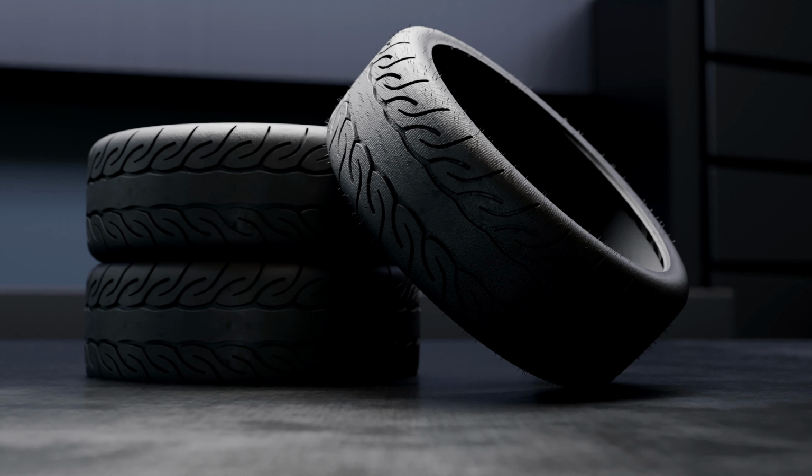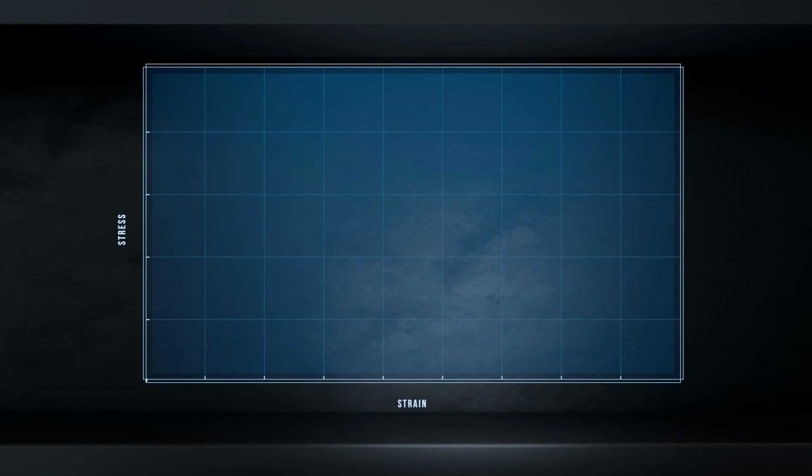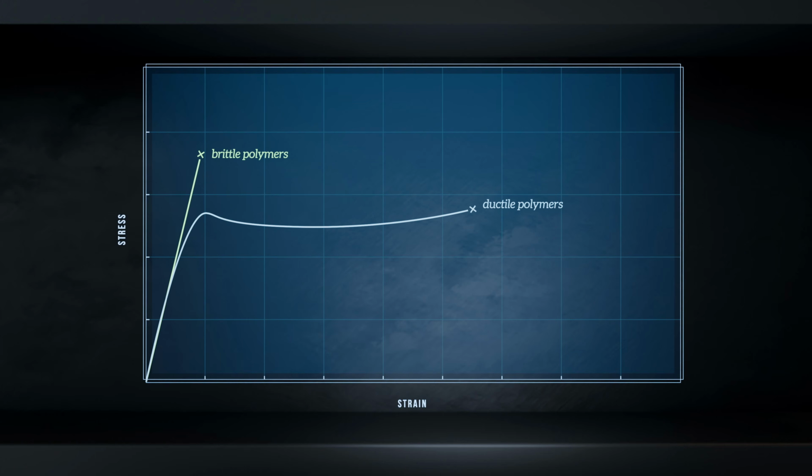To better understand the mechanical properties of polymers, let's take a look at some typical stress-strain curves. Polymers can exhibit either brittle or ductile behaviors. Thermosets, like epoxy resins, and some thermoplastics, like PMMA, tend to behave as brittle materials at room temperature. They fracture suddenly at relatively low strains.